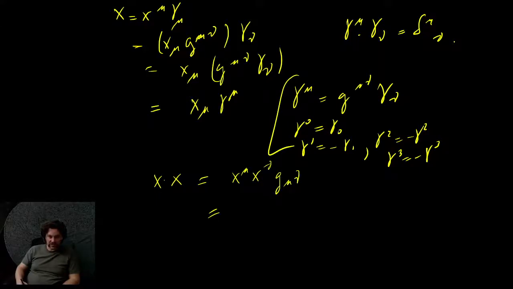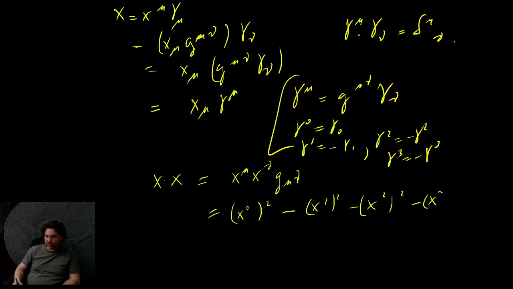So that is just going to be x0 squared minus x1 squared minus x2 squared minus x3 squared. And having both indices and power together in a square is kind of awkward, but so be it. So here's our dot product expanded out in coordinates.